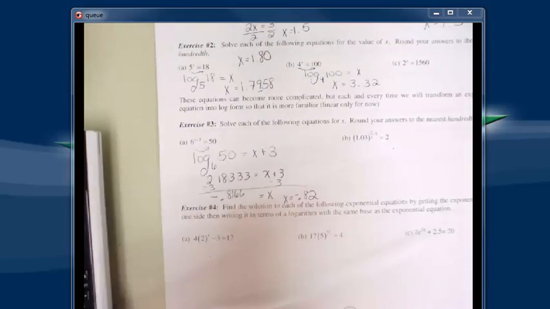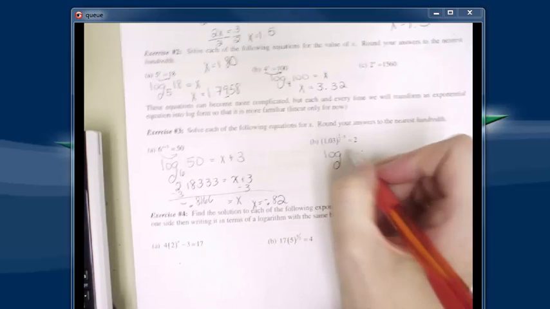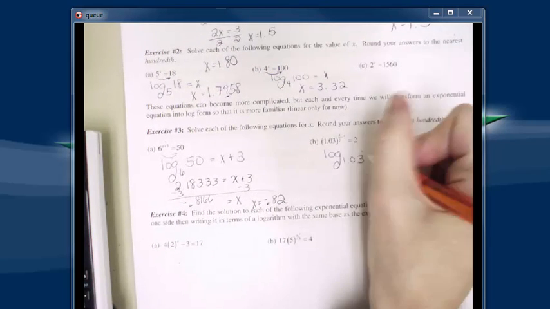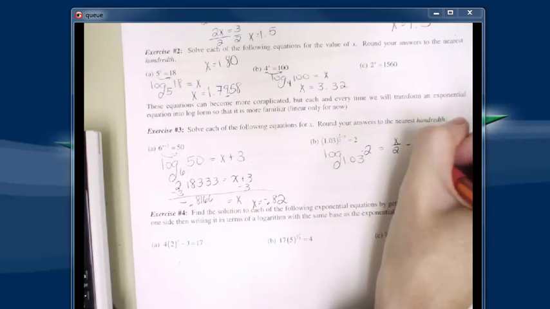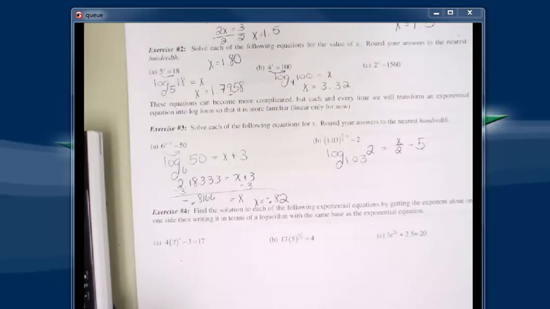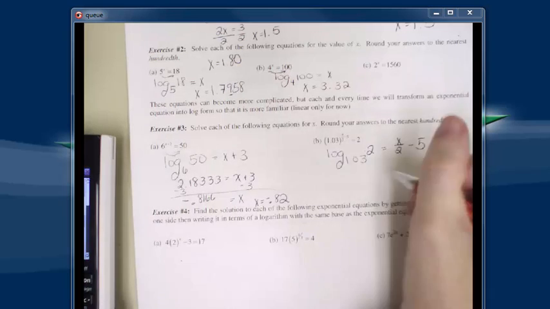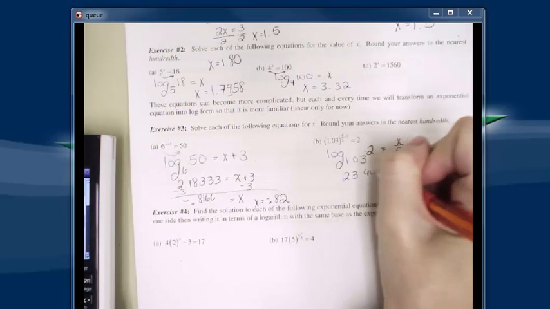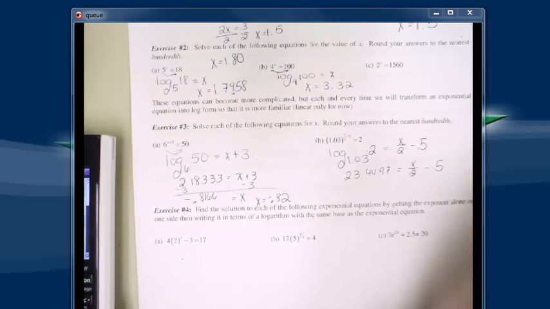Okay, let's do that again. Same process here. Base is 1.03 of 2 equals x over 2 minus 5. So first step, log, find out what that is, 23.4497. And even though I'm only writing some of it, I'm keeping all of it in the calculator. So my next step, I have that whole decimal there.